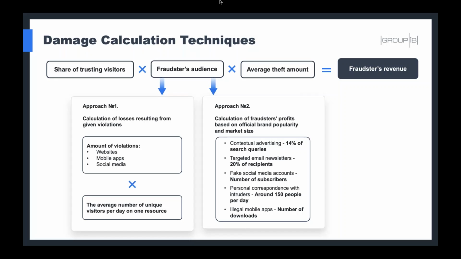If you are interested in this scheme, just don't hesitate to contact us, and probably we will schedule another webinar. And of course, if you wish, we can calculate the fraudster's revenue for your brand, for your violations, according to the popularity of your brand. So just tell us and we will do it.